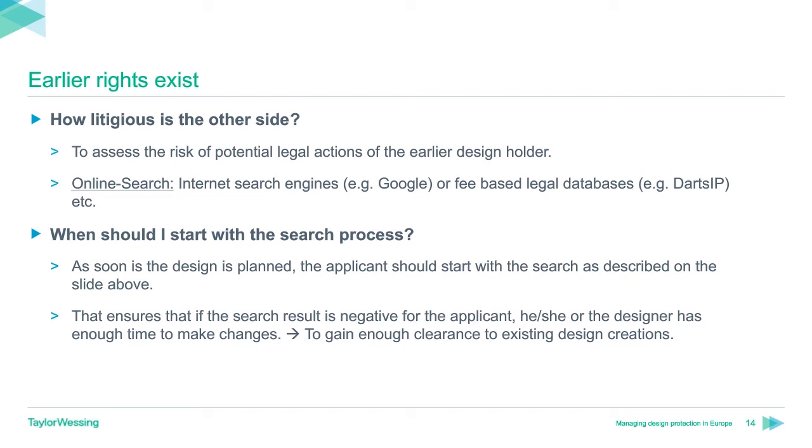One of the best things is to use the database Darts-ip, which gives you an overview over owners of designs and also if they have attacked other designs. So if you look for the owner of a previous design in these kind of databases, you might get an overview and see if they're constantly part of litigation or if they tend to be quiet.